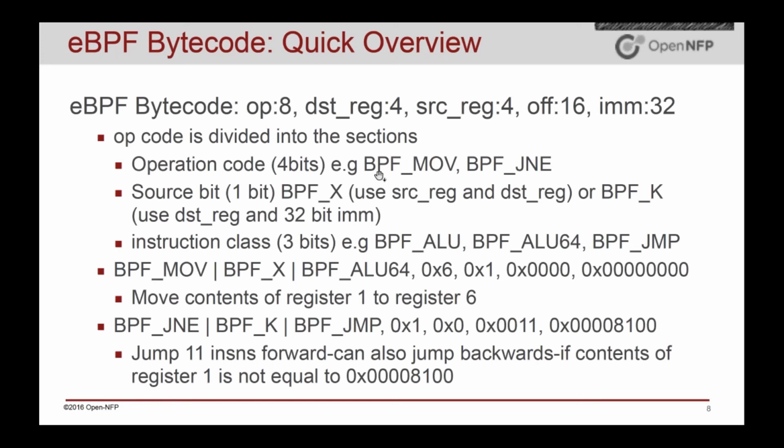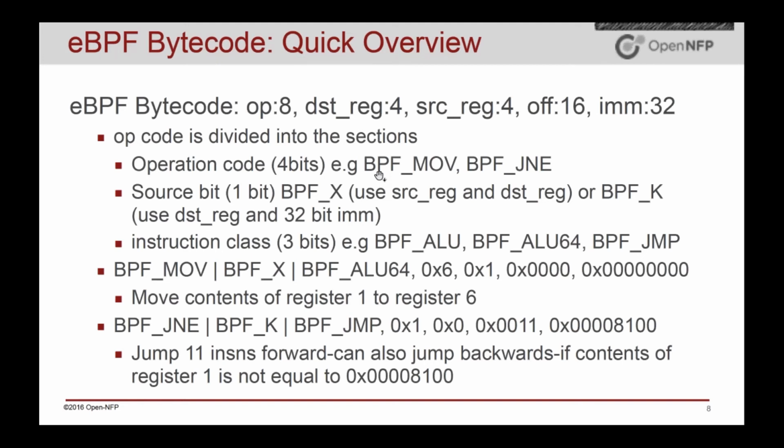And here are just a couple of examples of bytecode instructions. In the first one, we're moving the contents of register 1, which is a source register, to register 6, which is the destination register. Also notice that we have a 2-operand system rather than a 3-operand system, so we have only a source and a destination register.